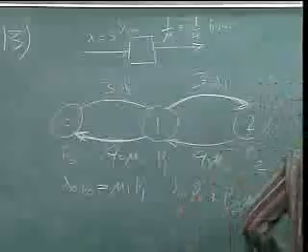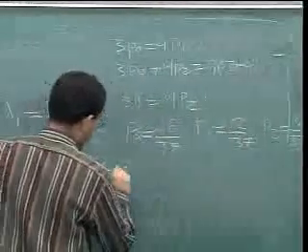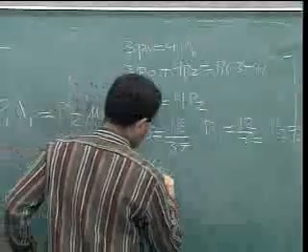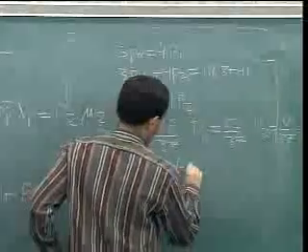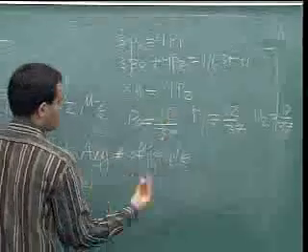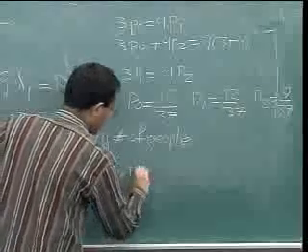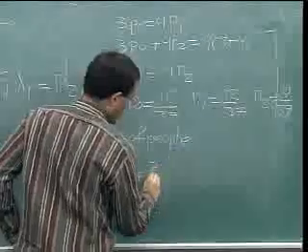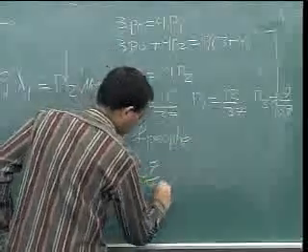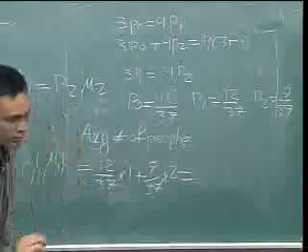So the average number of people would equal, well, this thing multiplied by 0, which gives us 0, plus 12 over 37 multiplied by 1, plus 9 over 37 multiplied by 2, which gives us 30 over 37.